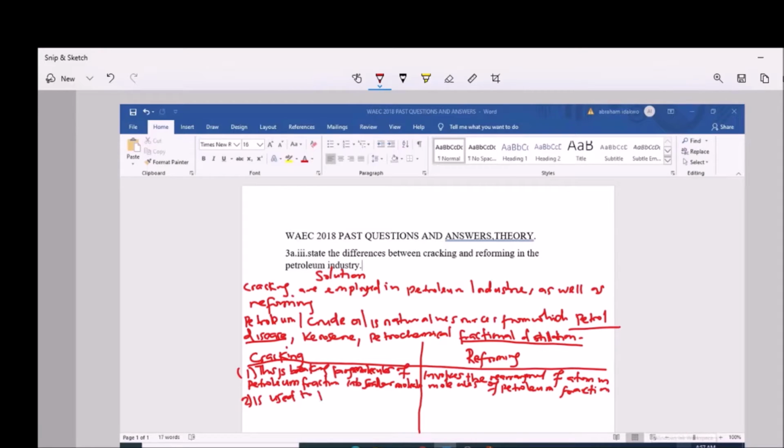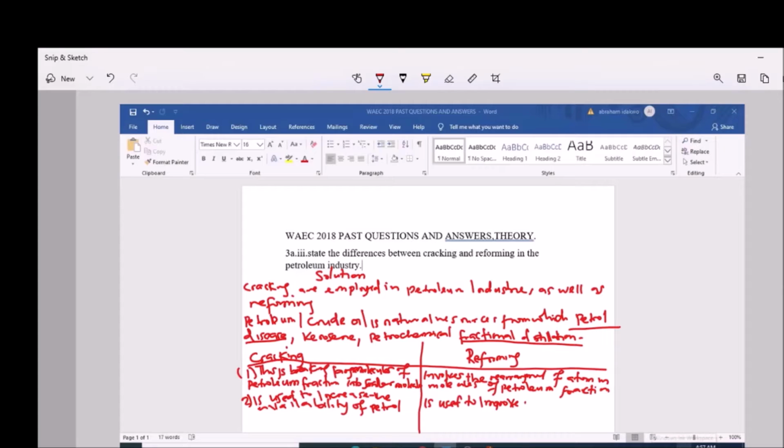Then the number two difference: cracking is used to increase the availability of petrol, while reforming is used to improve the quality of petrol.